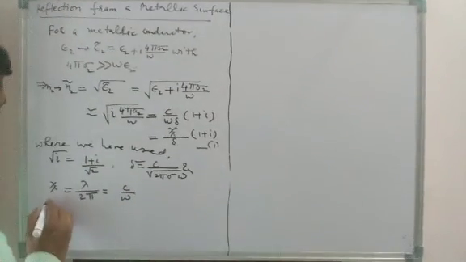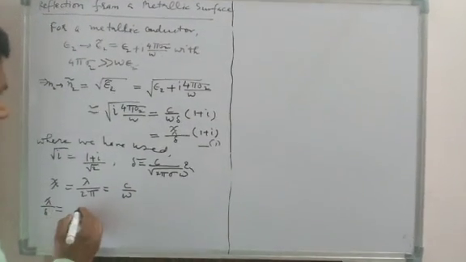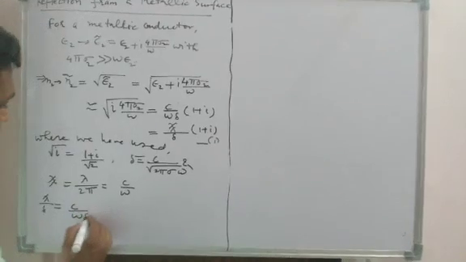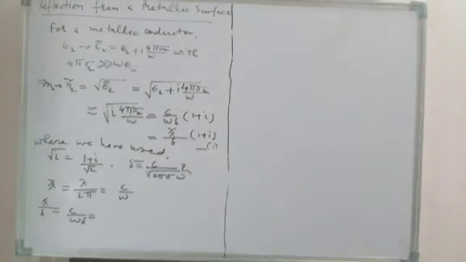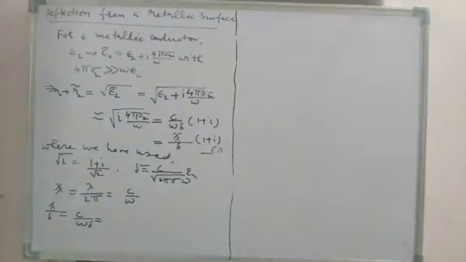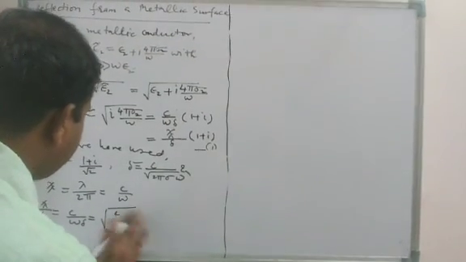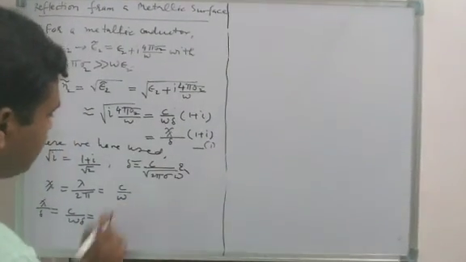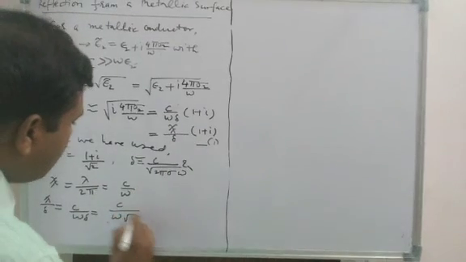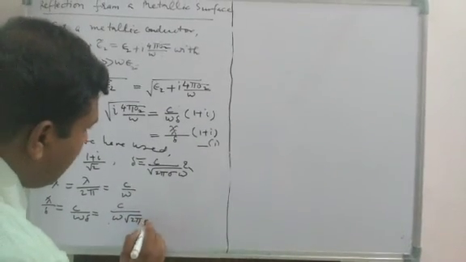We could also check from here that this is going to be c by omega delta, and if I put the value of delta over here, we will get c by omega root 2 pi sigma.